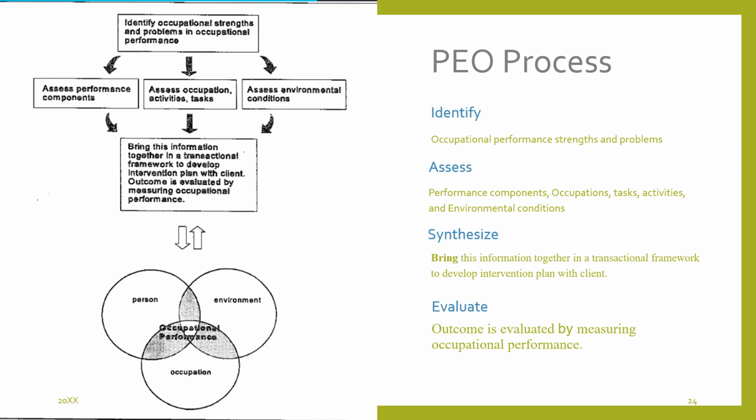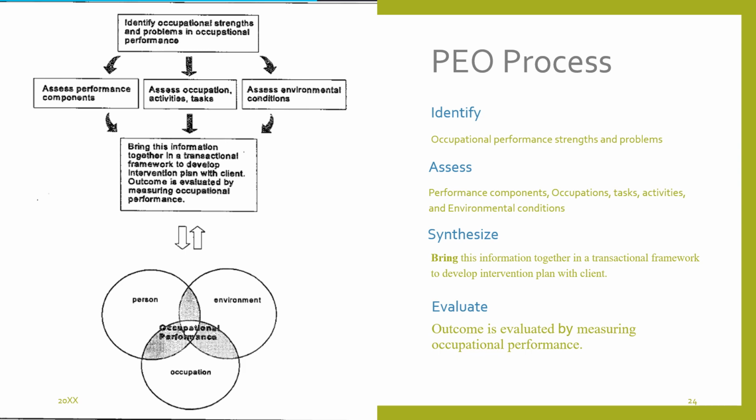Okay, so we talked a little bit about what we were doing. We talked about the client, and we talked about the change and motivation, and we talked about assessment and intervention. So we've talked about the process without saying we were talking about the process. But here we go. This is similar to the PEOP, where they have a full-blown process.